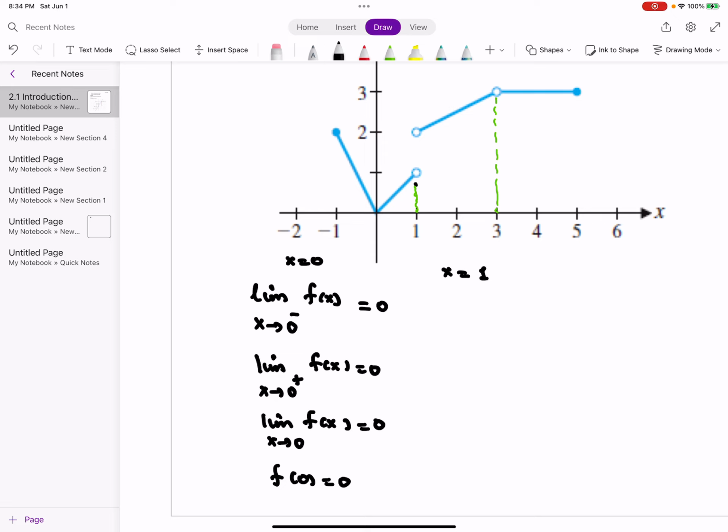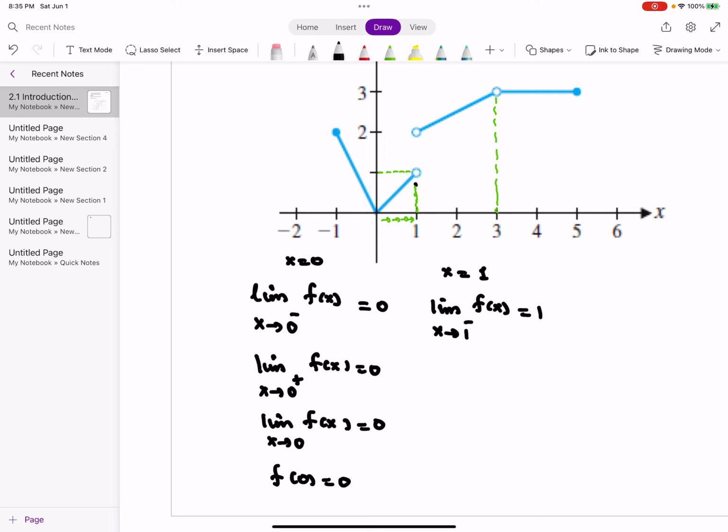Now, look at the limit of x approaches 1 from the left side of f of x. When you just look at the y value when you are walking from the left side of 1, you can see the value is 1, right?